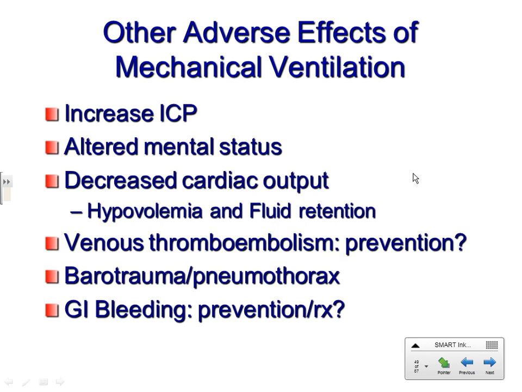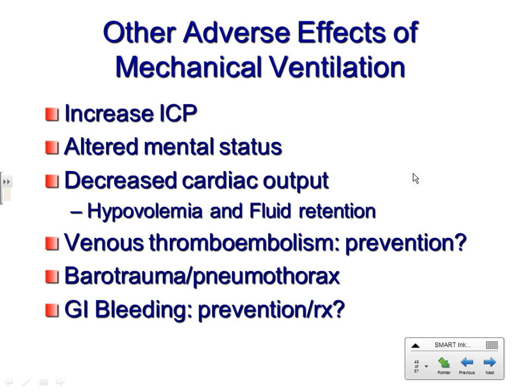So now we're going to talk about some of the adverse effects of mechanical ventilation. Why do we have an increase in intracranial pressure when patients are being mechanically ventilated? What's happening? Extra pressure in the chest. Pat said it several times.